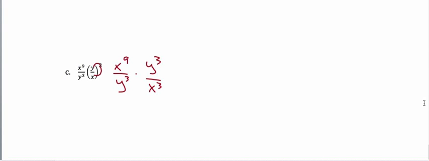Now remember, when you're multiplying fractions, that just means you're multiplying your numerators and multiplying your denominators. And we're allowed to reorder multiplication, so I'm going to reorder it so it's just a little clearer what I'm doing. X to the ninth over x to the third is x to the sixth. And y to the third over y to the third just cancels out completely.